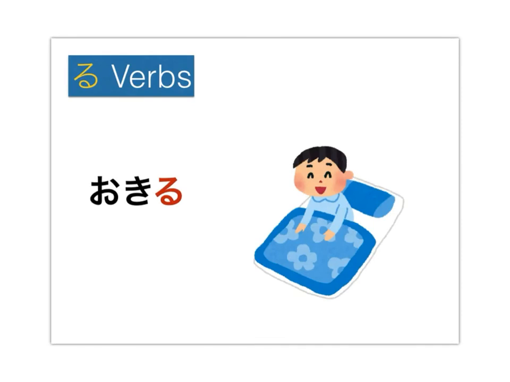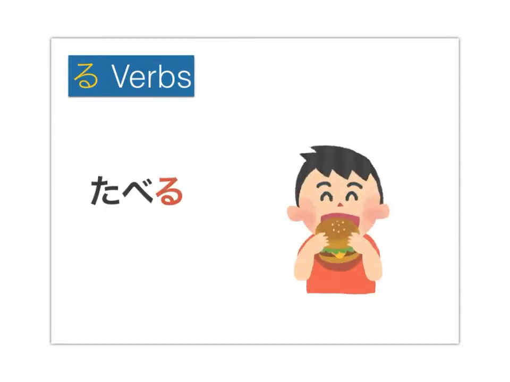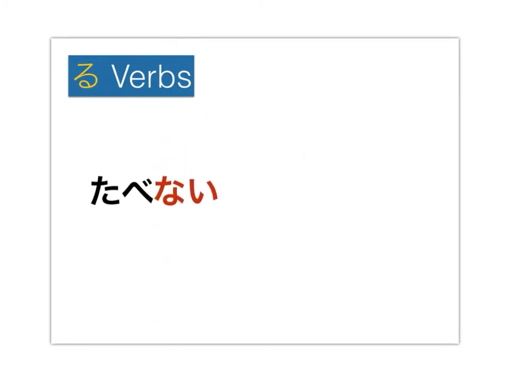Okiru, to get up. Informally, we'll remove the ru, replace with nai for the negative. Instead of okimasen, we would say okinai, to not get up. And finally, taberu. Remove the ru and replace with nai. Tabenai, meaning-wise, is equivalent to tabemasen, tabenai, I will not eat or I don't eat.